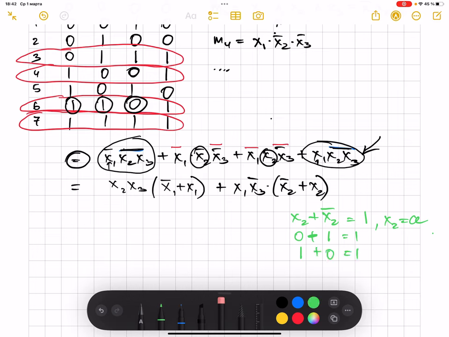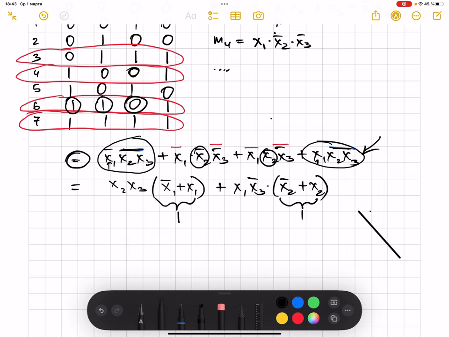This is always 1, okay? Let me remove it. So that means this is 1 and this is 1. So finally, what we are left with is this.